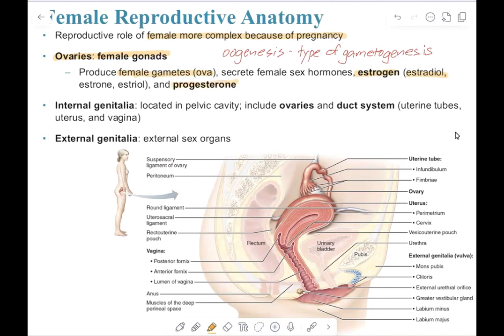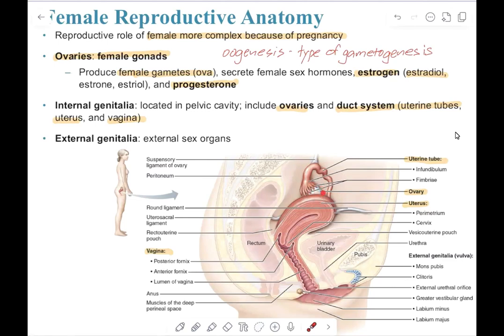So we could see the ovary on this image here with the uterine tube and the uterus as well. The internal genitalia would be the ovaries and the duct system, which would be the uterine tube, uterus, and then finally the vagina. And the vagina is labeled right here. So the ovary is the gonad where the secondary oocyte is produced.